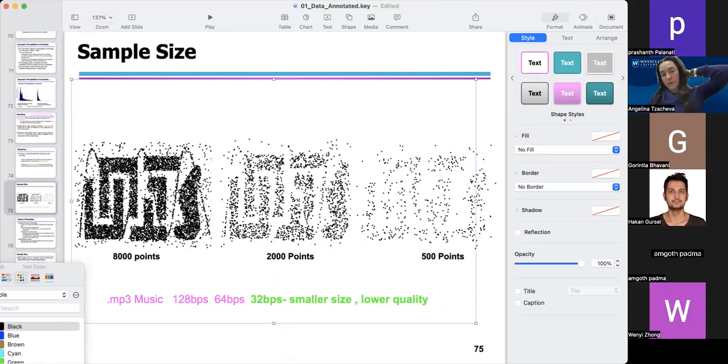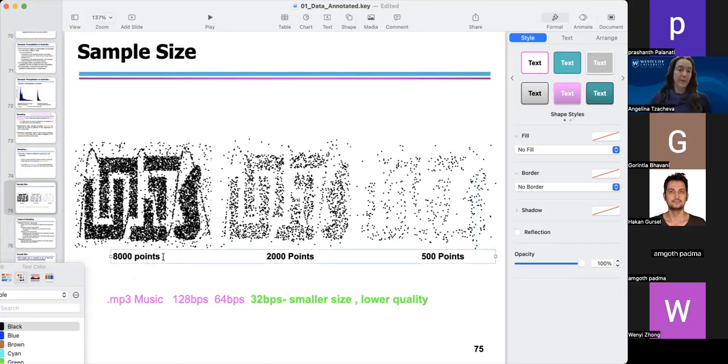Same situation here. This is a picture. We're gonna convert this to a digital picture that has a certain amount of pixels on the picture. So let's say this one has 8,000 pixels. And you can see much more clearly here the objects on the picture, that is the dense regions.